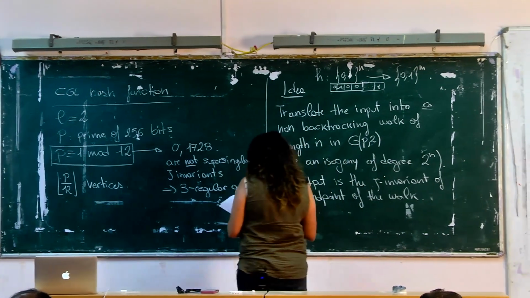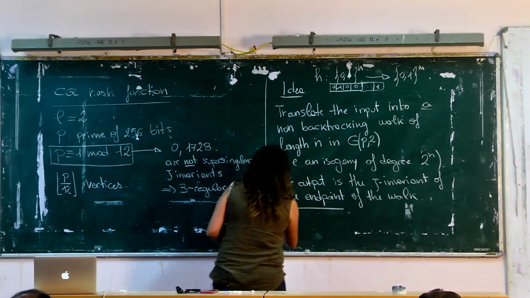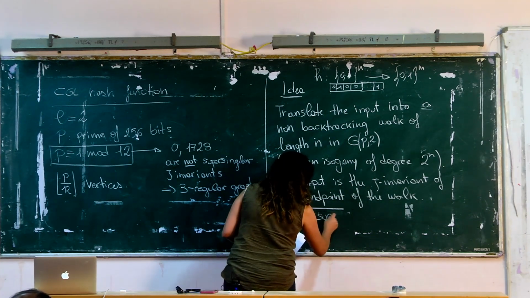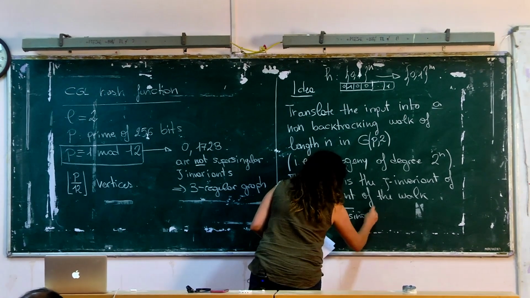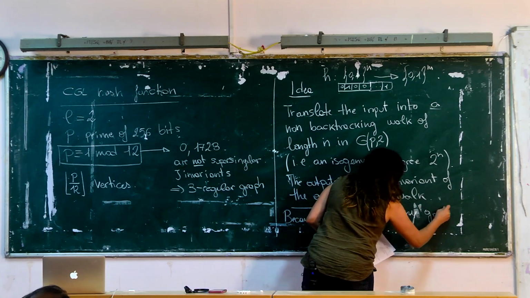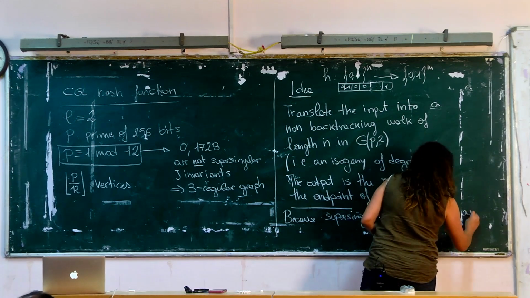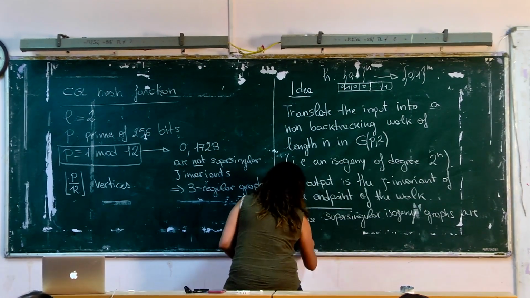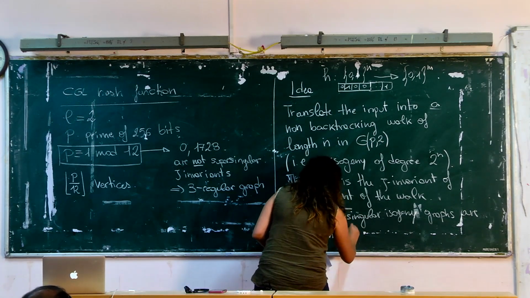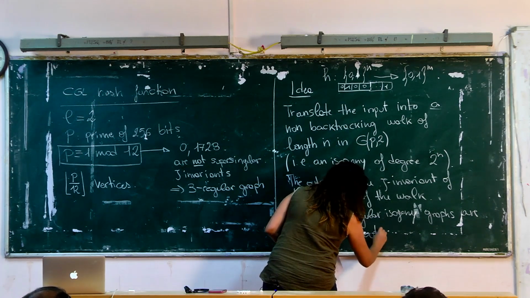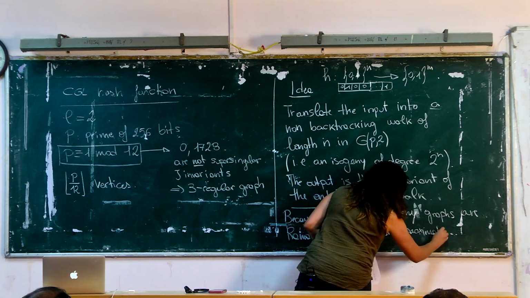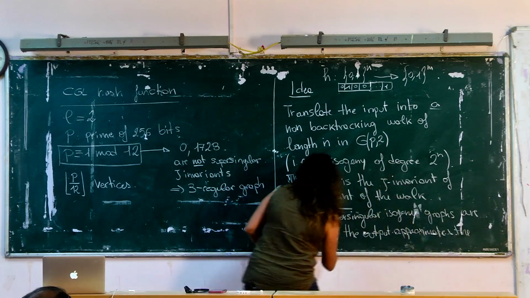Because the supersingular isogeny graphs are Ramanujan, the output approximates the uniform distribution.